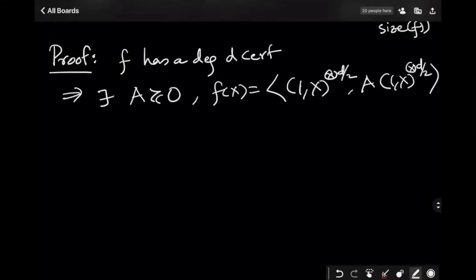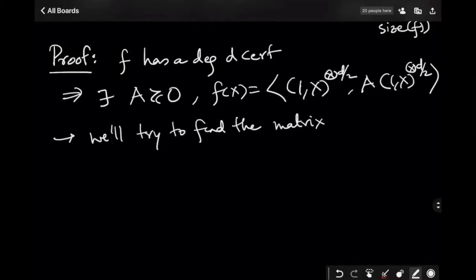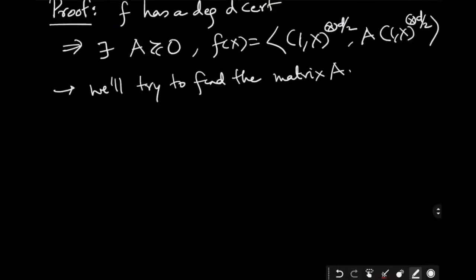So if I have to find a certificate for f, I might as well focus my attention on finding such a matrix A. Remember, A is an (n plus 1) to the d by (n plus 1) to the d matrix. So it's n to the O of d sized. Good.